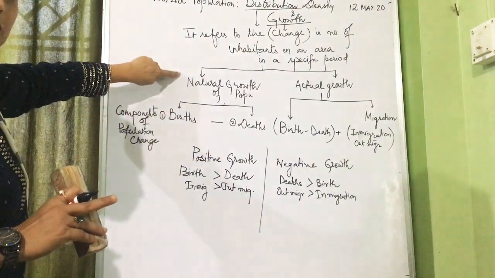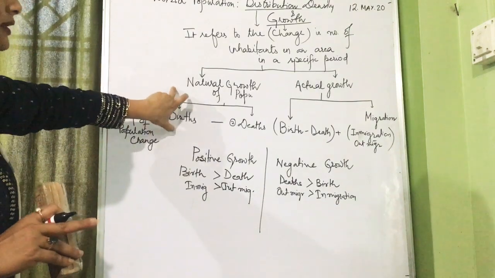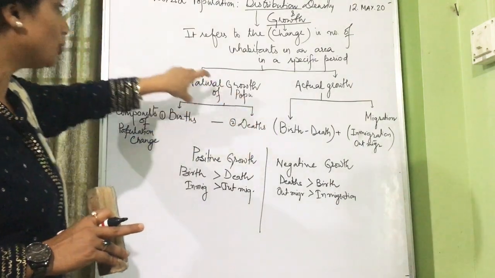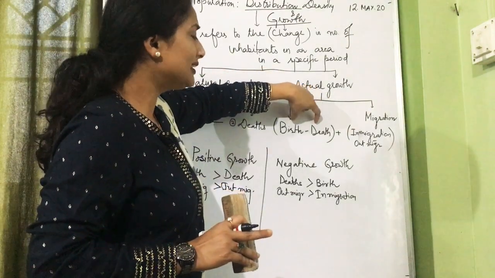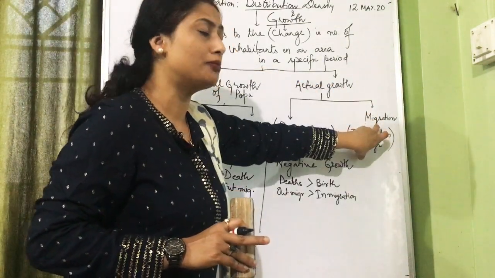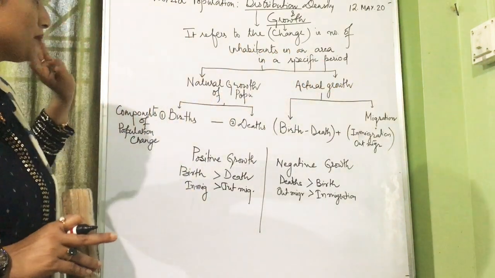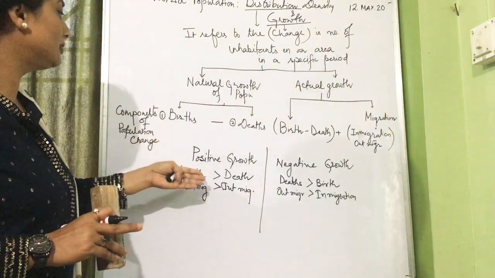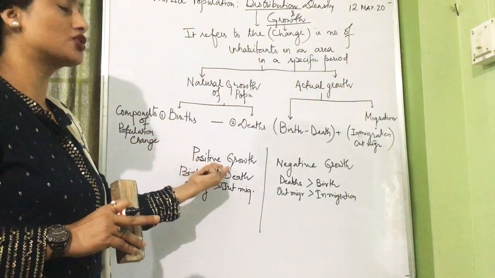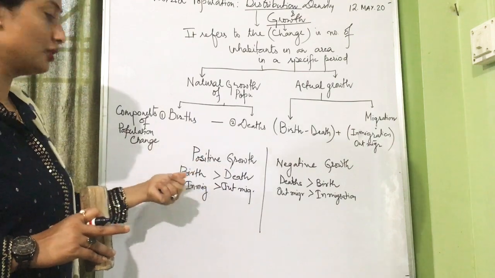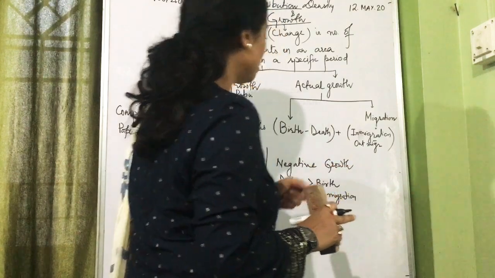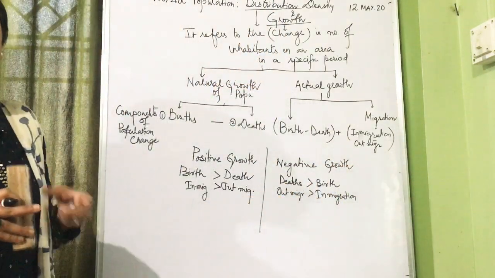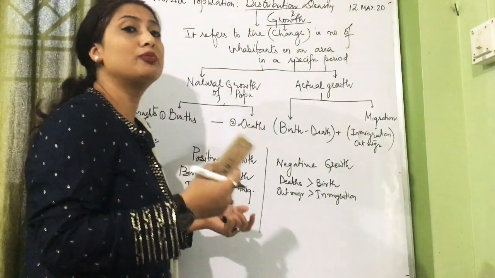It can be a natural growth of population when we take only the birth and death in a specific region. When we take the birth and death along with the migration component, we call it the actual growth rate. So birth and death can give you a positive growth if births are more and in migration is more. It can give a negative growth also if deaths are more or out migration is more.